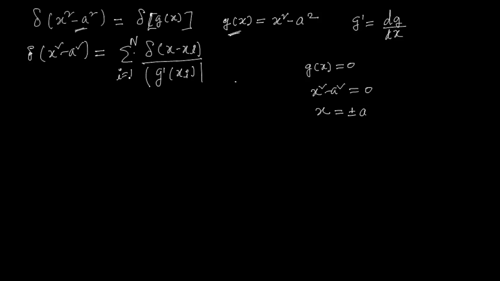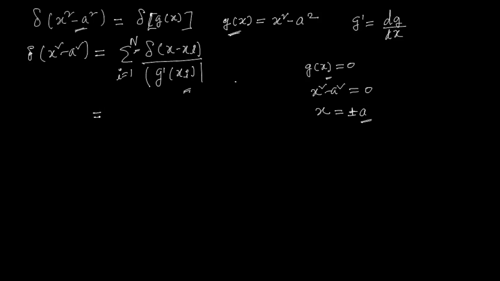What is the value of i from 1 to n? This n depends on how many roots this function has. If you get 2 roots of this equation, then we'll get 2 terms here. If you get 3 roots, then we'll get 3 terms. But in this case we got 2 roots, x equals plus a and x equals minus a, so it will have 2 terms only.